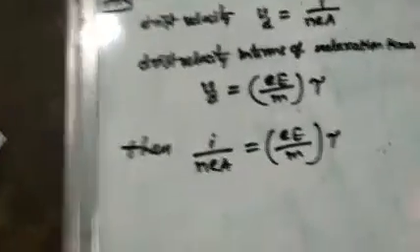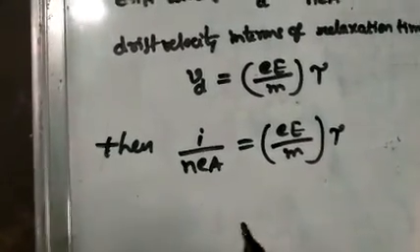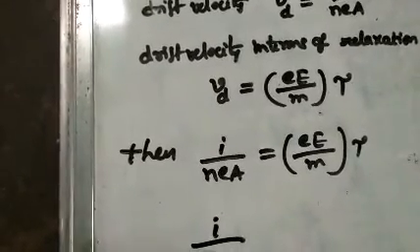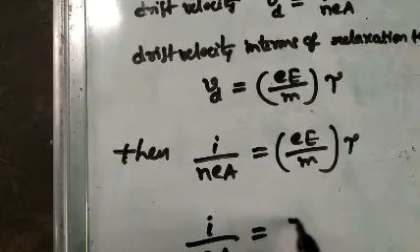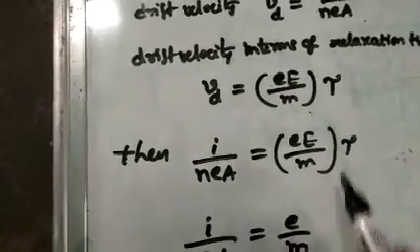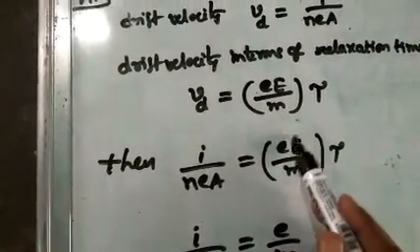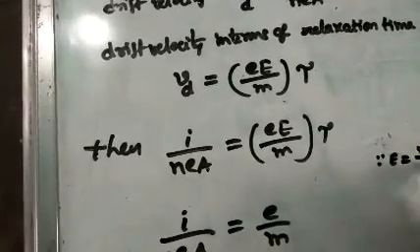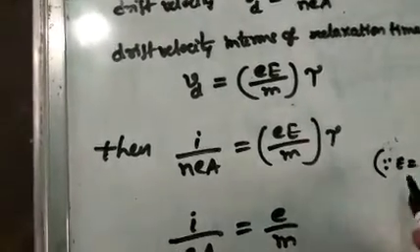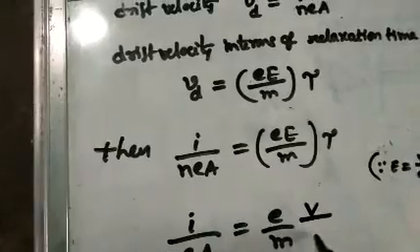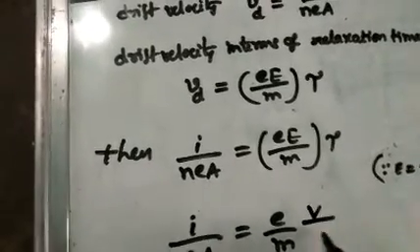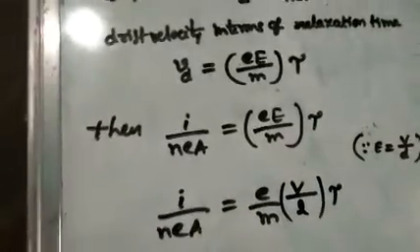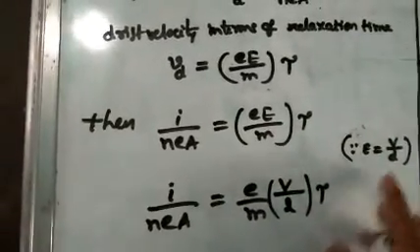Now one more extra point I am writing here. I by nEA is equal to eE by m of tau. In case of electric field, we know very well, E is equal to V by d. So here, distance is nothing but the length of the conductor, so in place of d I am writing L, the length of the conductor.